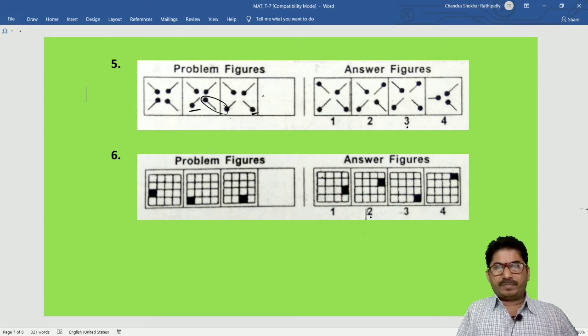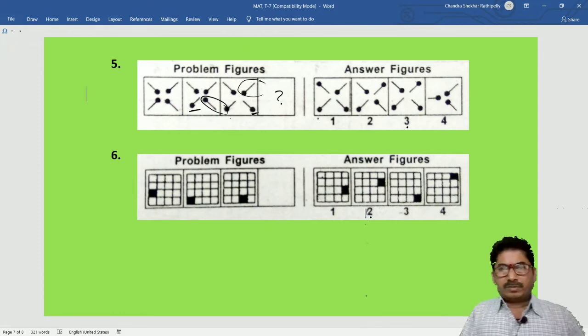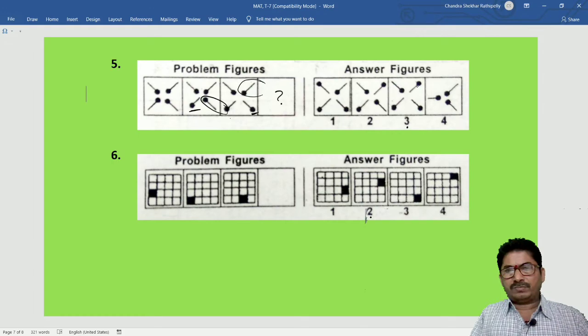So the next figure, how, like, so this one changes like this. Which figure is correct? So this one, third one is correct.